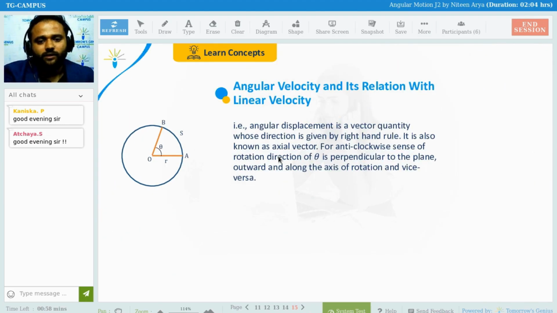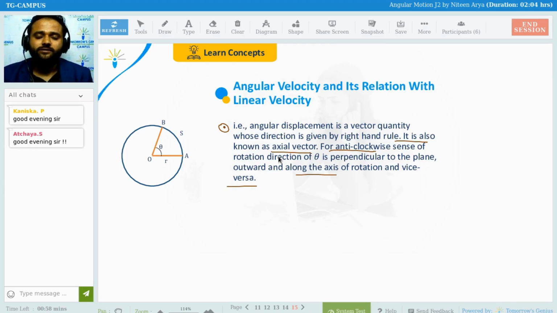So you can point out equation 1. Angular displacement is a vector quantity, whose direction is given by the right hand rule. It is also known as an axial vector. For anti-clockwise sense of rotation, the direction of theta is perpendicular to the plane, outward and along the axis of rotation, and vice versa. What does it mean?